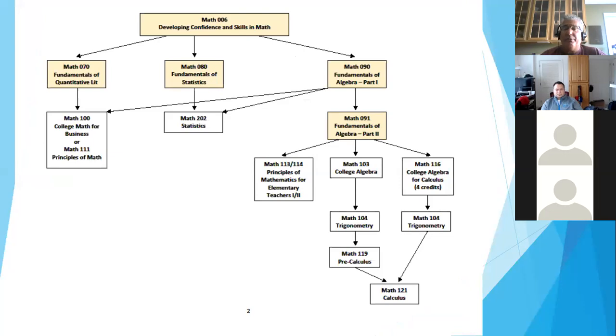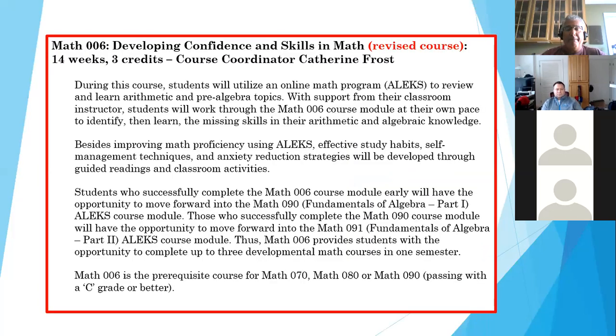Now, the reason this was built in was to allow campuses that don't have enough students to run 070, the students still have a plan of taking 090 and using that as a prereq. Now, we feel the 070 and 080 are more appropriate courses with the material they're going to learn to get into college algebra or stats. So we prefer them to take 070 and 080, but a backup plan will be to take the 090. Okay, and you see at the very bottom, Math 006 is a prereq for any three of those courses.